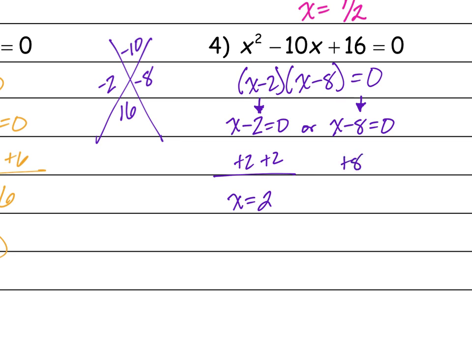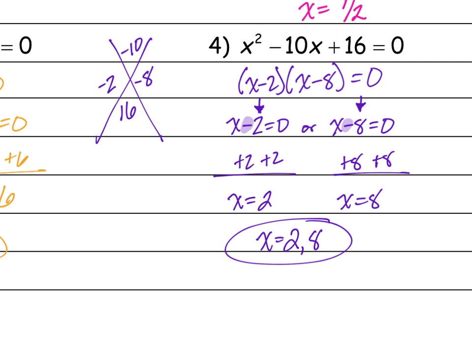Is there anyone who doesn't understand why I'm adding here instead of subtracting? Is everyone okay with why I'm adding? Because I'm doing the opposite of whatever this sign is. If this sign would have been add, I would have subtracted. But this sign is a subtract, so I do add. I'm doing whatever the opposite of that sign is. Does that make sense? So this is going to be x equals 8. So my answer is x equals 2 or 8.